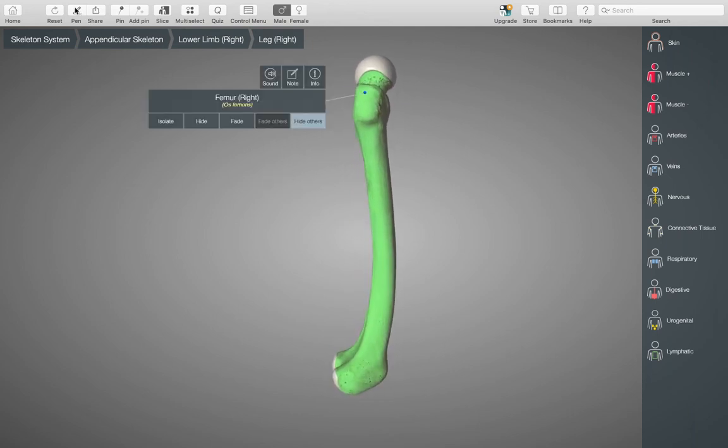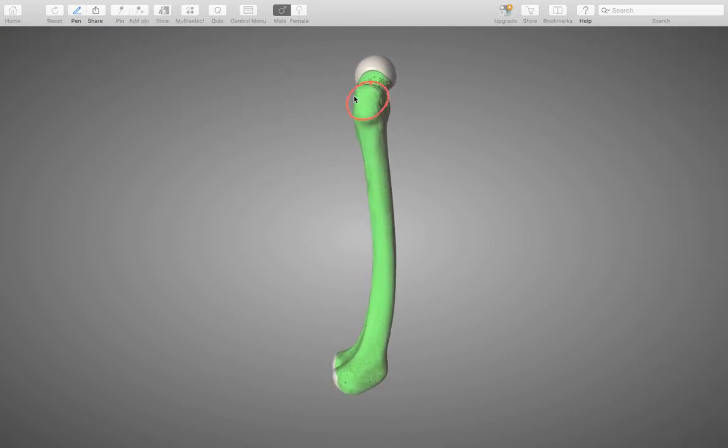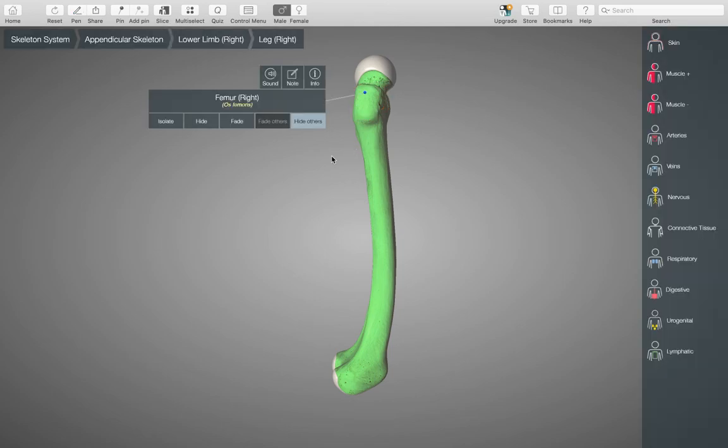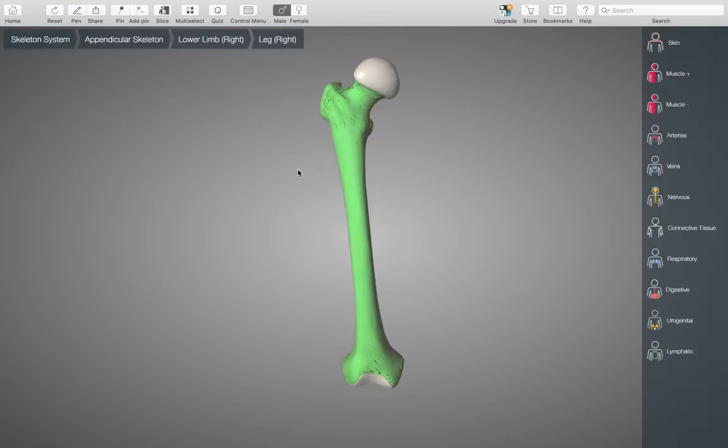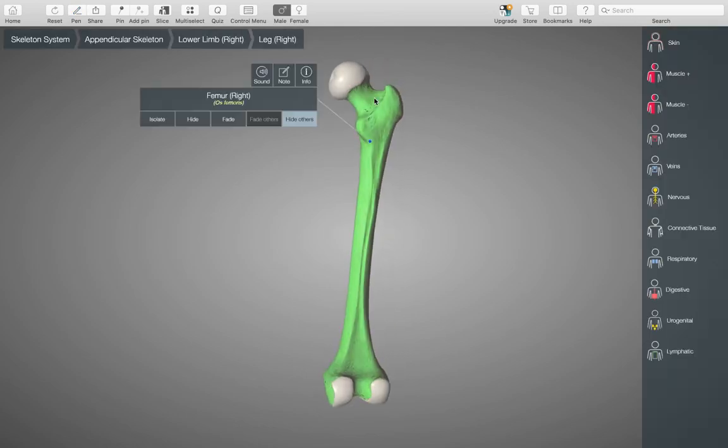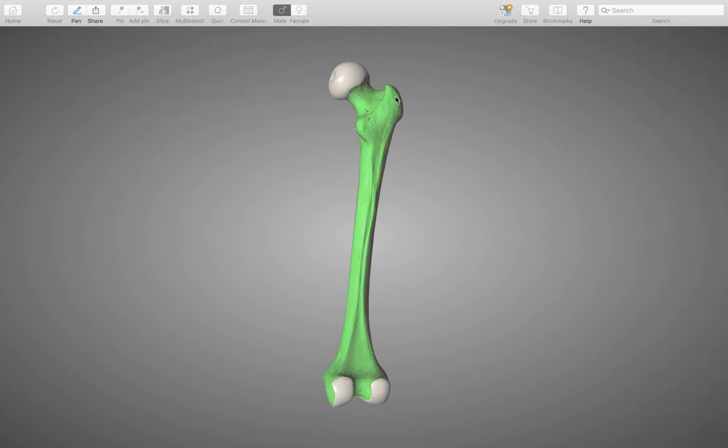Let's look at the lateral view here. This big bump here. Let me turn it. We see it again here. Here's this big bump on the lateral side of the femur. From the back side, it's here again. This big bump right here. That's called the greater trochanter.